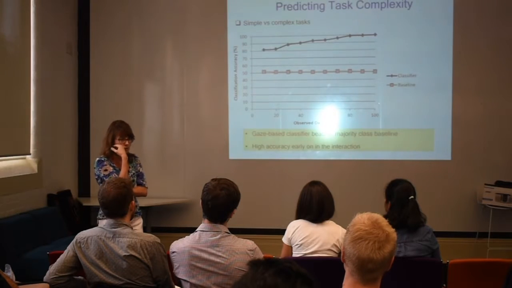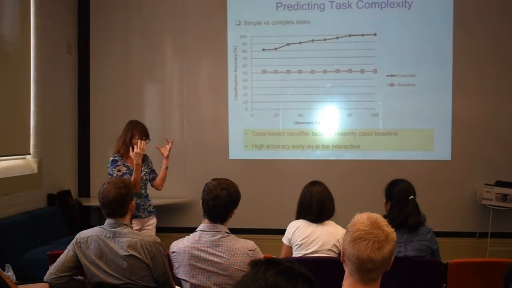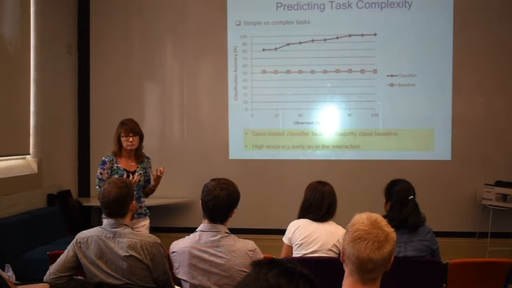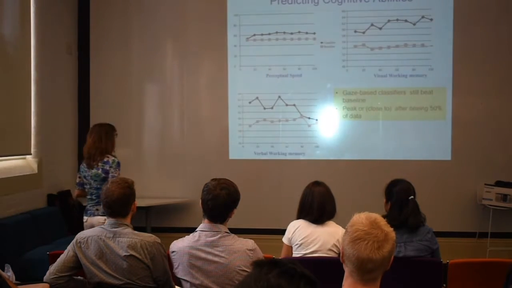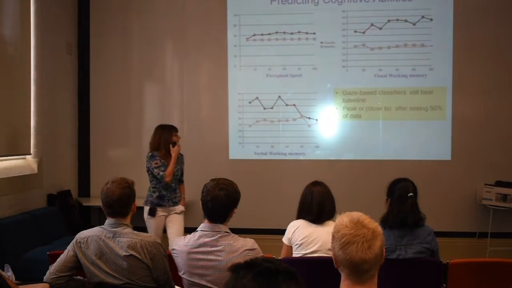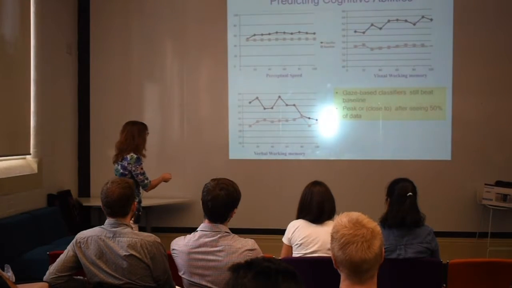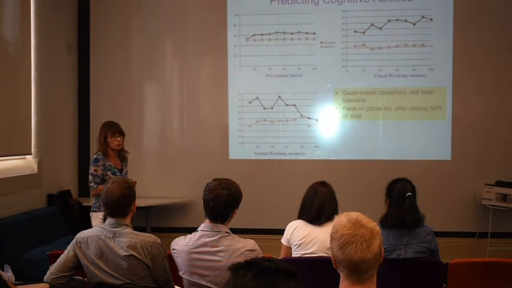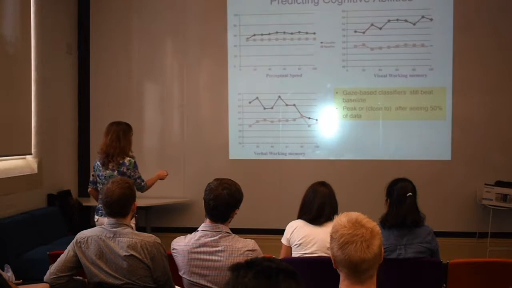Meaning that somehow when the task is more difficult, the differences in how the person processes the graph come out right away, okay? So for predicting cognitive abilities, each of these is a graph for one of the three: perceptual speed, visual working memory, verbal working memory, and again, the baseline.